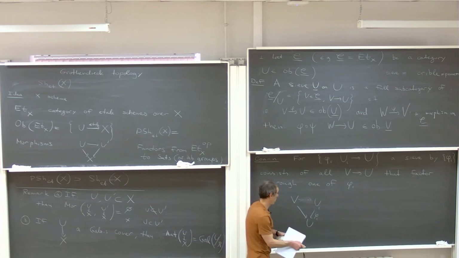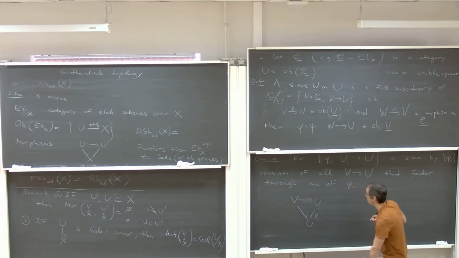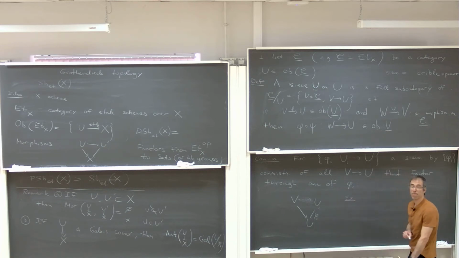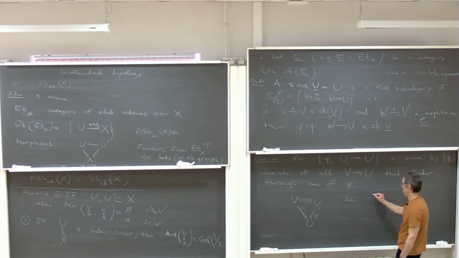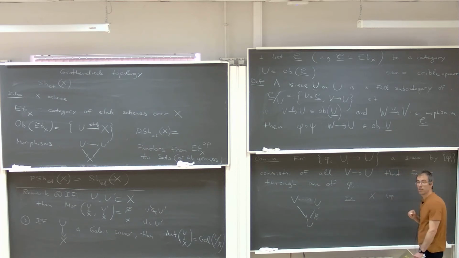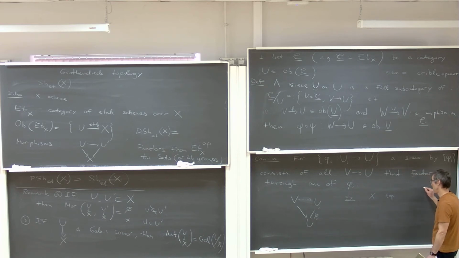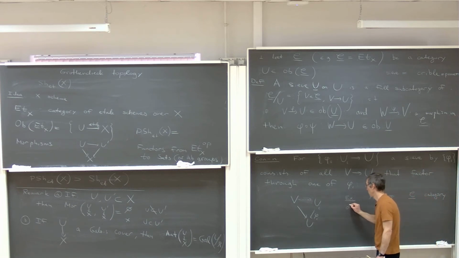Okay, so this is very abstract. Let's give the simplest example. Let's take a fixed topological space, and our category C will be the category of open sets.